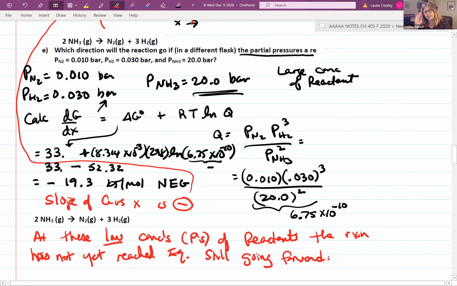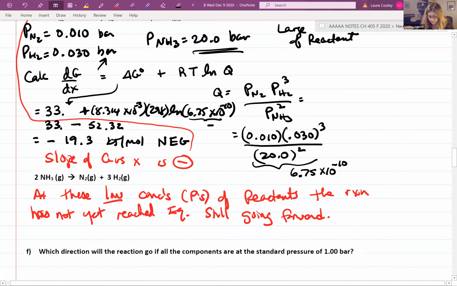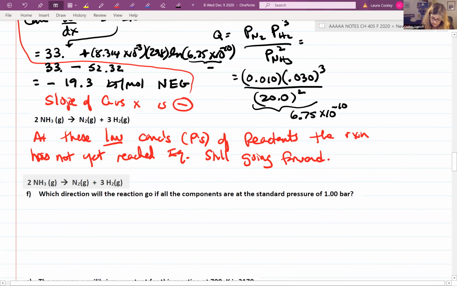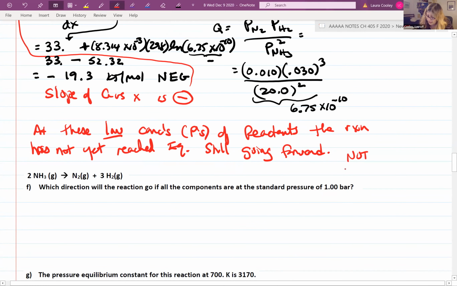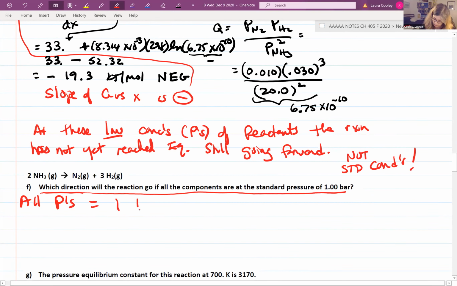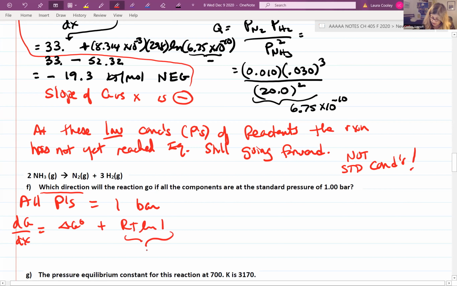Despite the fact that the delta G0 is positive, which in freshman chemistry you would say means this reaction is going to go in reverse, that's only under standard conditions. These are not standard conditions. Which brings me to the next question: which direction will the reaction go if everything is at standard pressure? If all the pressures are 1 bar, then dG/dX is delta G0 plus RT log of 1, which is 0.